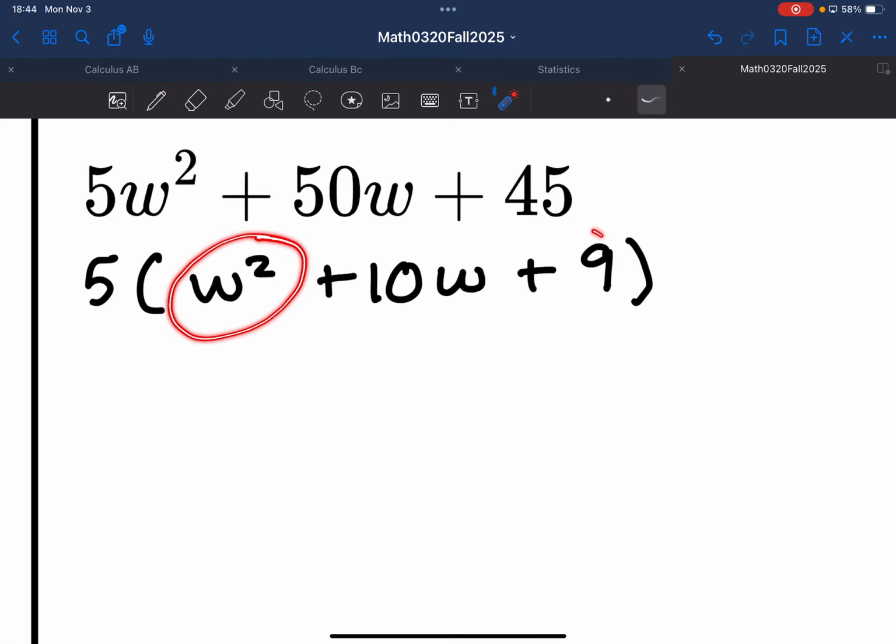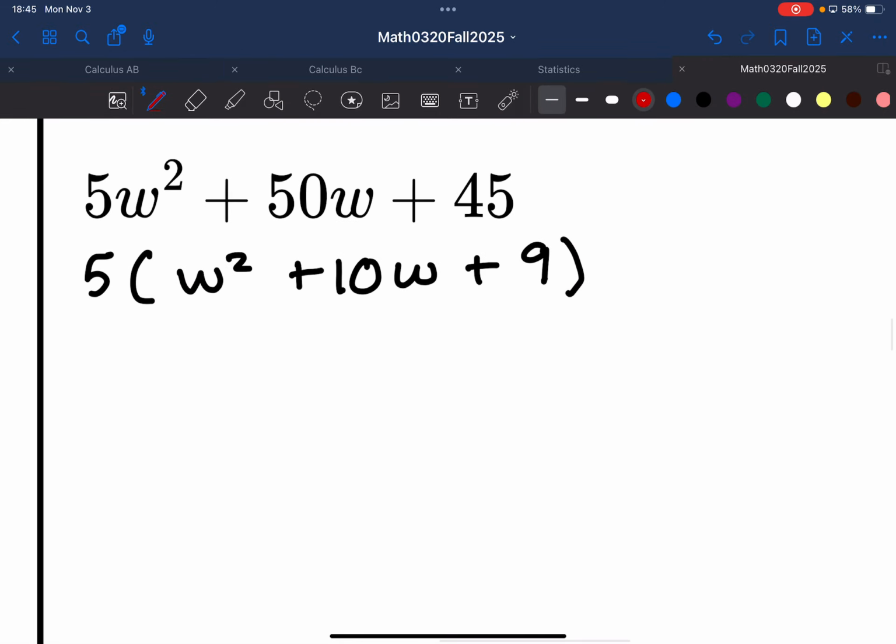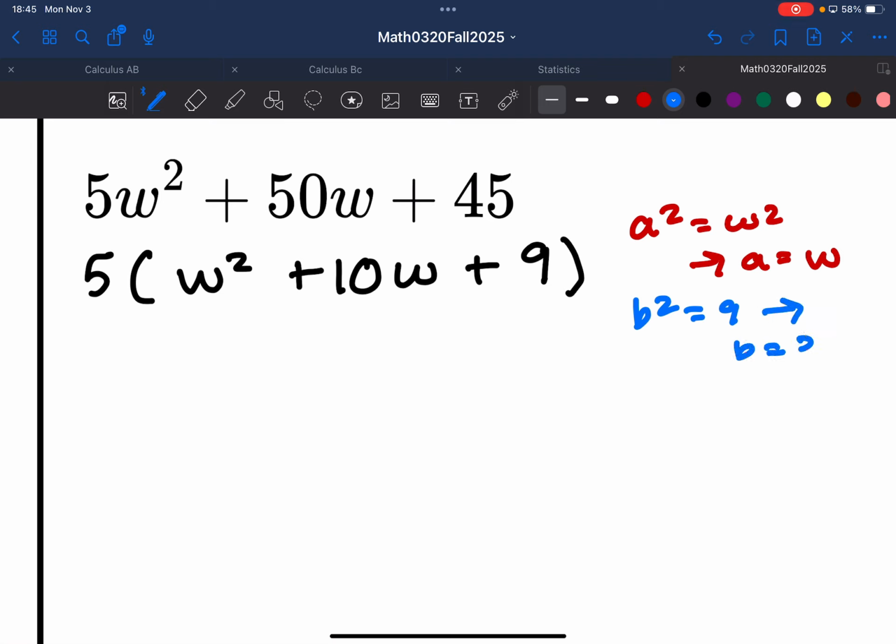We have W squared and 9. Can you take the square root of these? Yes, so then I'm going to go ahead and assign A squared to W squared, which means A is equal to W. And then B squared to 9, which means B is equal to 3.